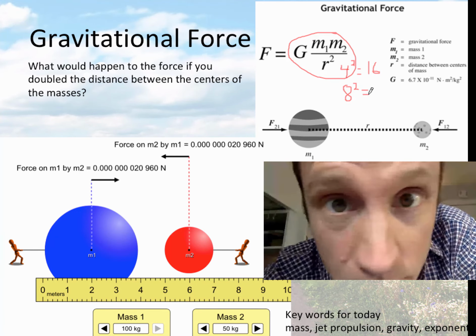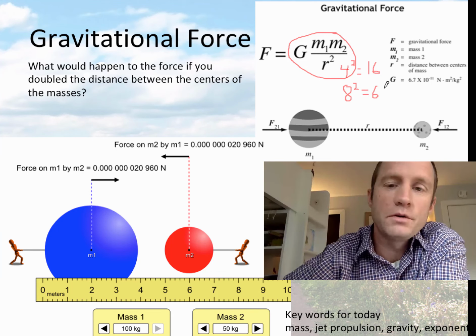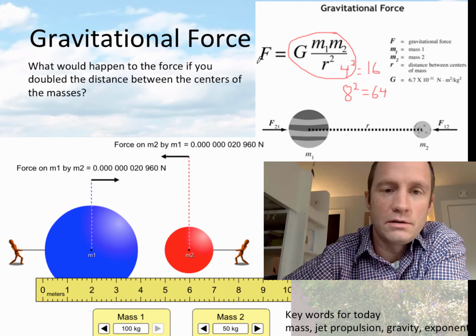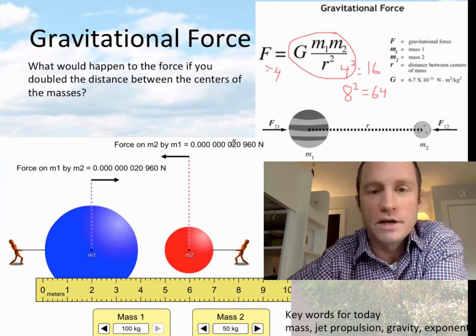Do you remember? 64. And 64 is 4 times what 16 is, which means that what you're actually doing is reducing the force by a factor of 4. So in other words, I'll just put divided by 4. Which means that instead of having it, you're going to divide it by 4.